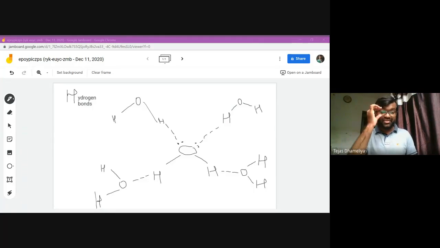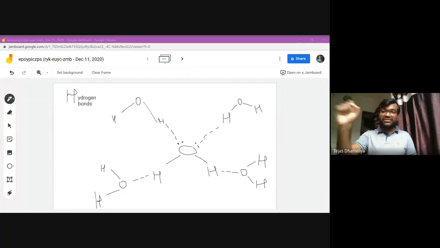And that is why this water is having a high boiling point, 100 degrees Celsius. Dichloroethane, which is non-polar, has a boiling point of simply 30 degrees Celsius. Water also has a high dielectric constant, far beyond 98.